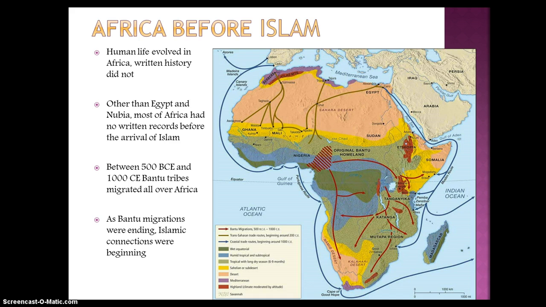Other than Egypt and Nubia, most of Africa had no written records before the arrival of Islam. And so Islam and Christianity functioned similarly in this way. If you look at other societies such as Russia, the Cyrillic alphabet is named after Saint Cyril. Christian missionaries, when they were going into a lot of countries, were going to create a literary culture.